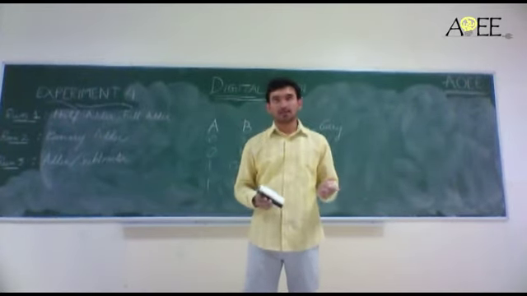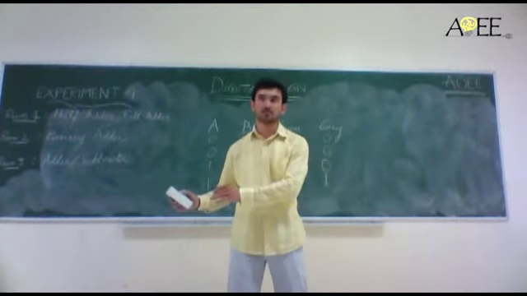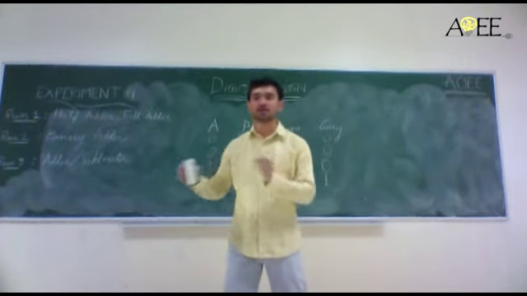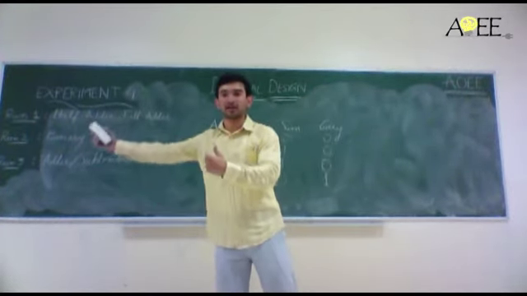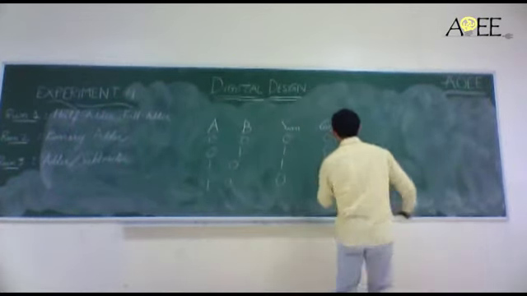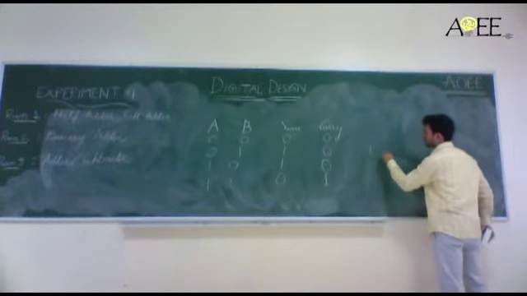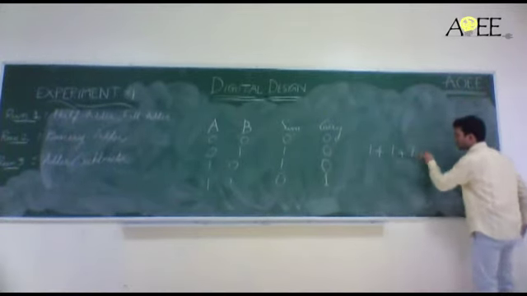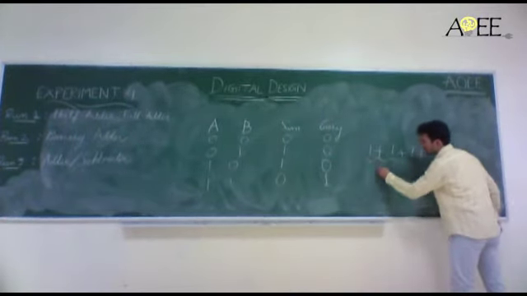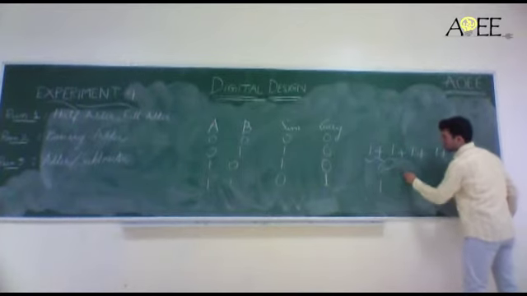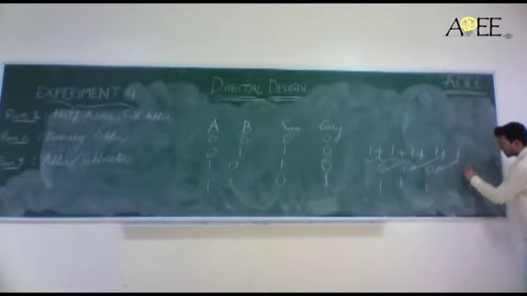If I want to add, consider only the sum function. So the sum function will have 1 plus 1 is 0, right? Or 1 plus 1 plus 1 will be 1 plus 1 is 0, plus 1, that is 1 with carry 1, right? I'll tell that again. If you have the inputs 1 plus 1 plus 1 plus 1 plus 1, you get 0 carry 1, plus 1 gives you 1 carry 1, plus 1 gives you 0 carry 1, plus this gives you 1.